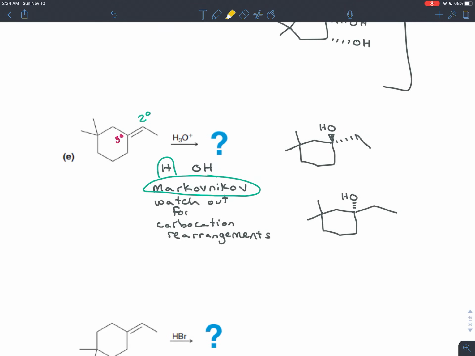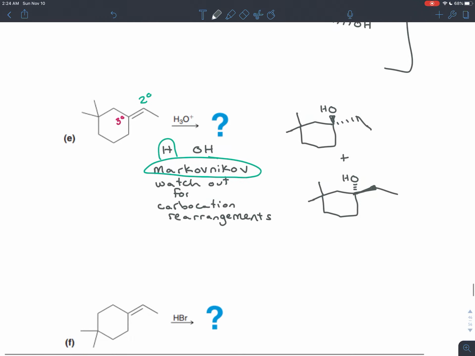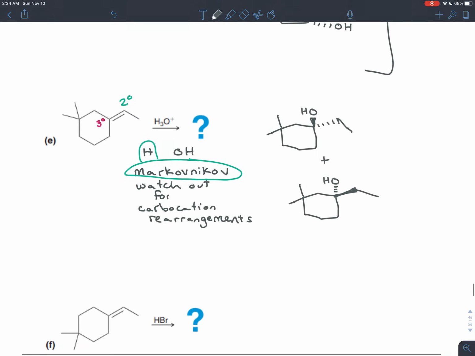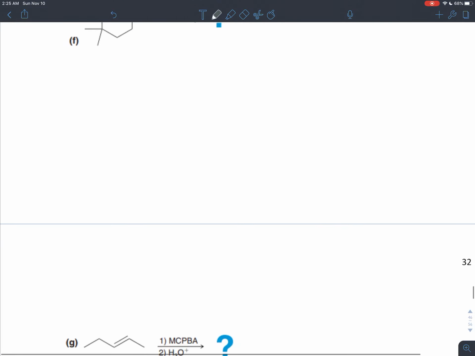So it'd look like that. And for the other one, if we have 2 bonds in the plane, 1 going away, the 4th one has to be coming out. And so you get a 50-50 racemic mixture of those 2 enantiomers with that acid-catalyzed hydration.